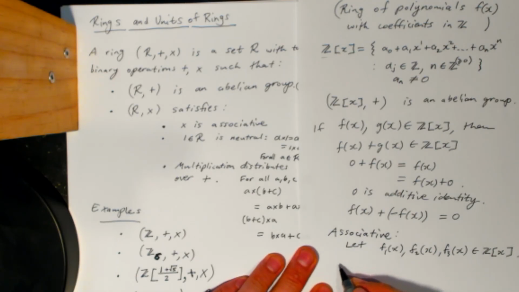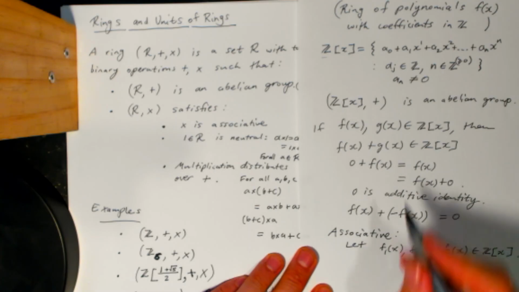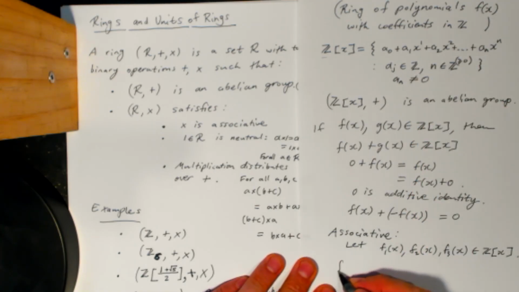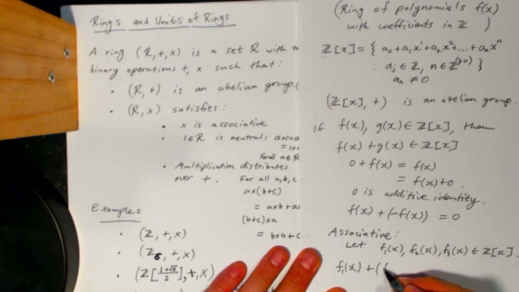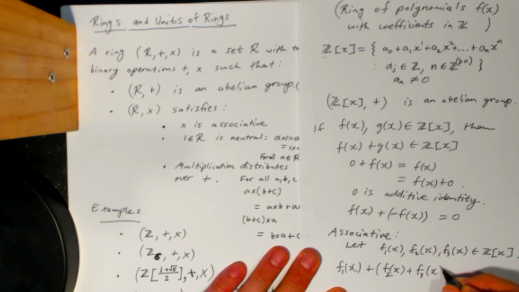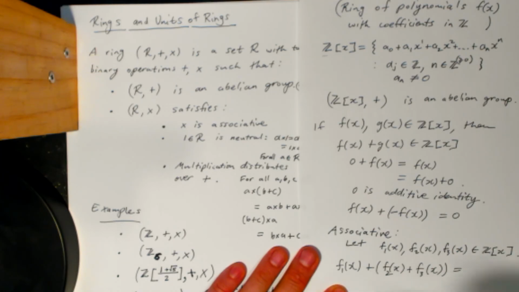Then we have, assuming that we can write these as a sum, f1 of x plus, in brackets, f2 of x plus f3 of x is equal to, now we just replace these by their sum. So the sum of the a_j, as j goes from 1 to, say, n subscript 1, x to the power of j, so this is our f1.